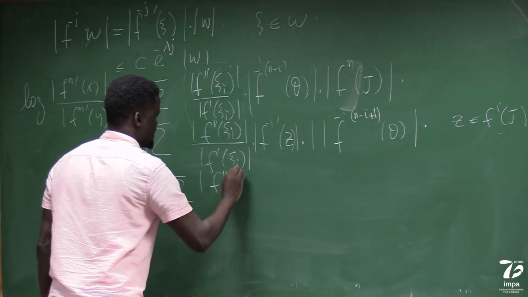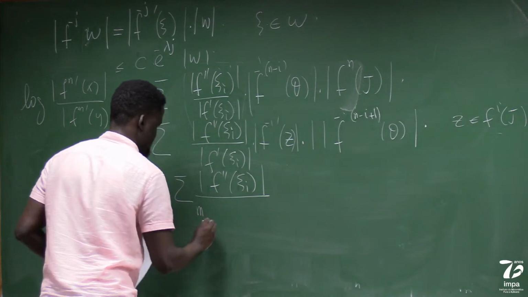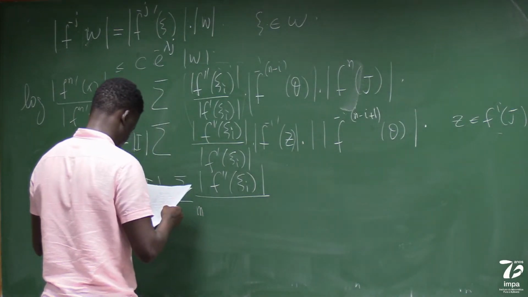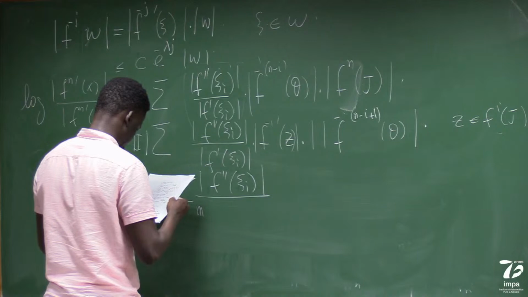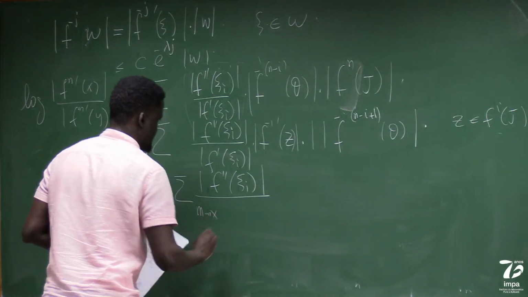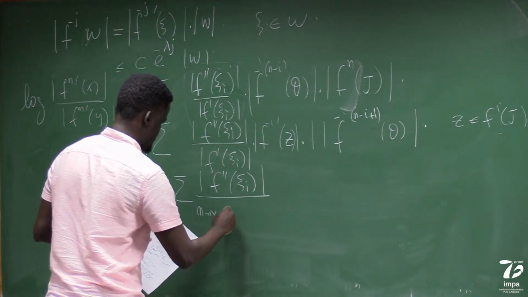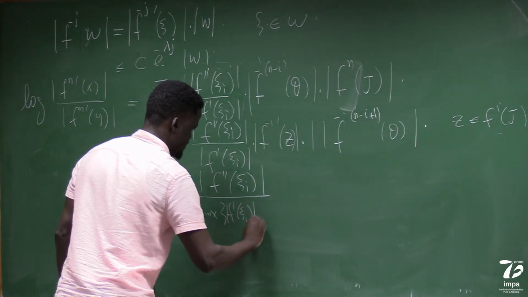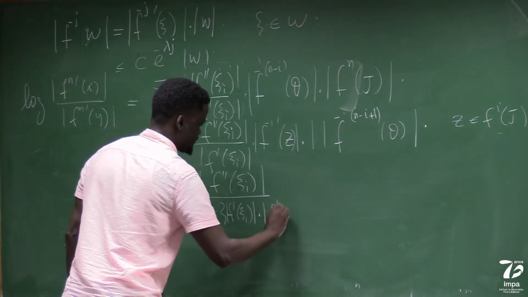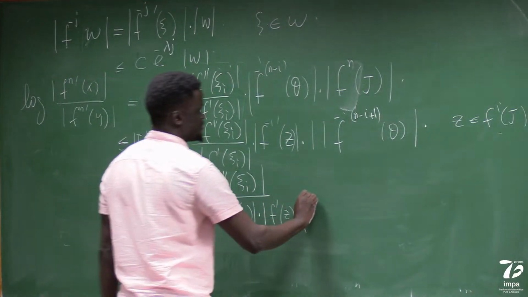F double prime xi I. This is the maximum. The maximum between f prime xi I and f prime z times this guy.